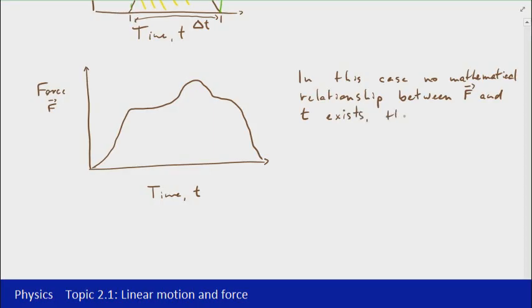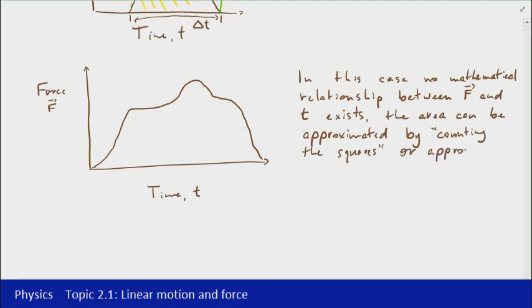The area can be approximated. Imagine that was graphed on a piece of graph paper, we can approximate it by the process of counting the squares, counting up how many squares are under that curve, or we could approximate geometric shapes.